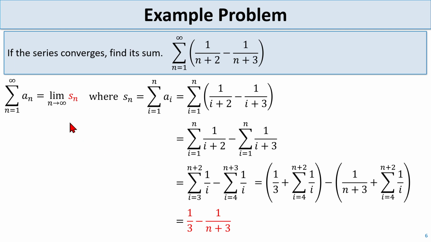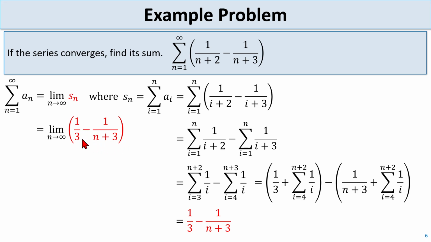To finish evaluating the sum of the series, we need to take the limit of this expression as n goes to infinity. That's the last step in this problem. Taking the limit as n goes to infinity in this case is quite easy.